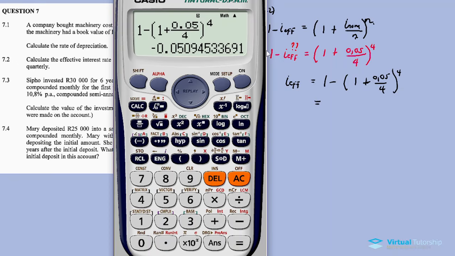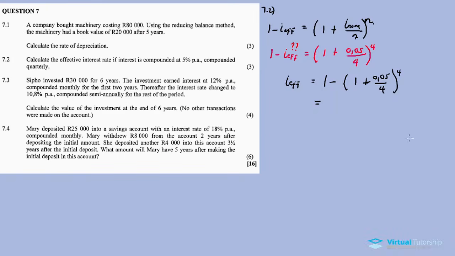Okay, what did I do wrong? Interest rate, it shouldn't be a negative. Okay, I see now. It's plus, it's not minus, it's plus. So when I leave it here, then I transpose the 1. Now it makes sense. I made an error in that formula. So it's plus, not minus.